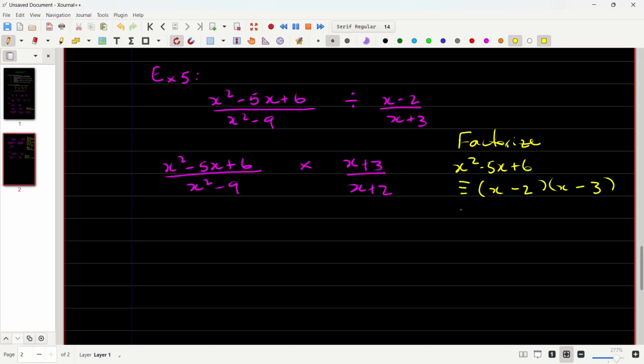Let's see the other one, which is x squared minus 9. Now that would be equivalent to x plus 3 into x minus 3. And that would be it. I can't see anything else factorizing. Let's go ahead and do that substitution.